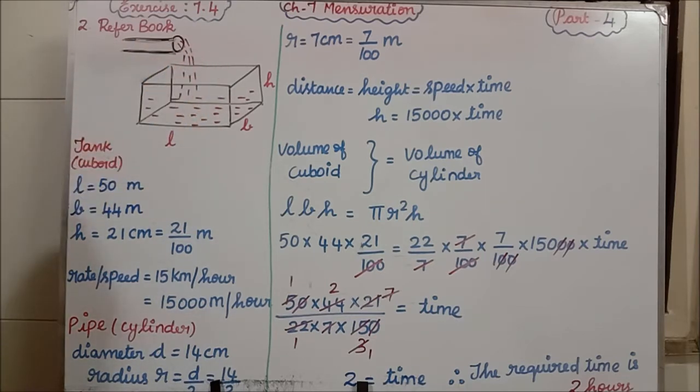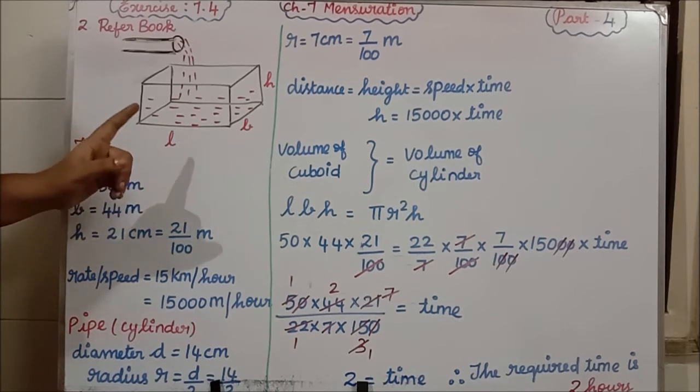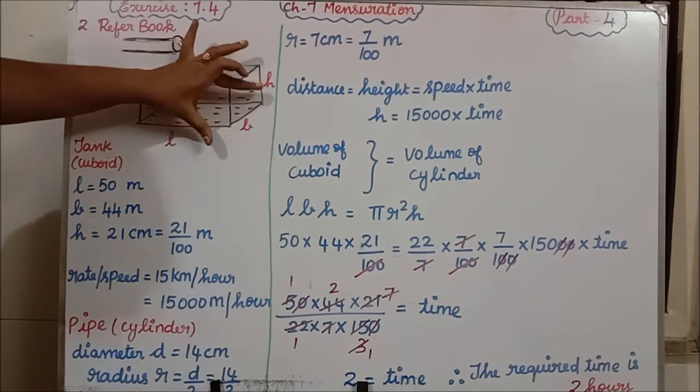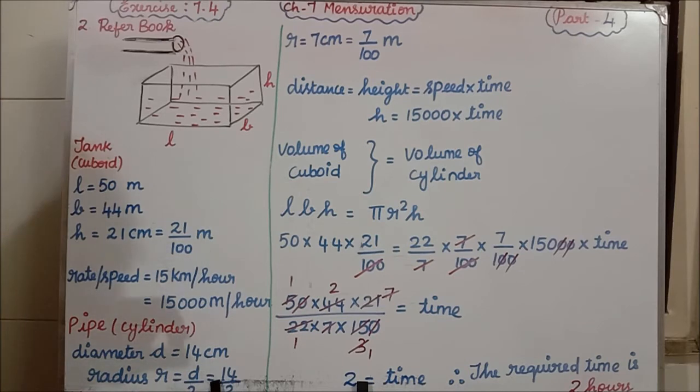So the tank will be in a cuboid. Okay, now cuboid means obviously we have to get 3 measurements, isn't it? Length, breadth and height. Now we see the question. A rectangular tank which is 50 meter long. Length they have given, 15 meter long. Wide is nothing but breadth. Okay, the breadth is 44 meter wide. Wide is nothing but what here? Breadth.